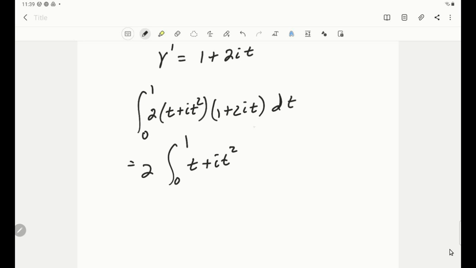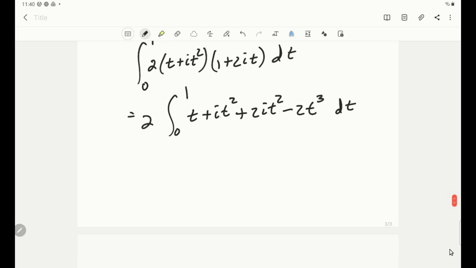And then the 2it times that stuff, I get plus 2i t squared and minus 2 t cubed dt.